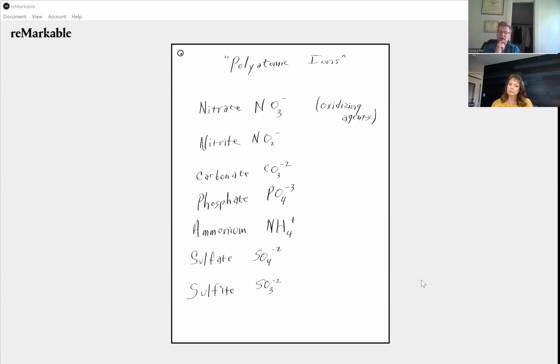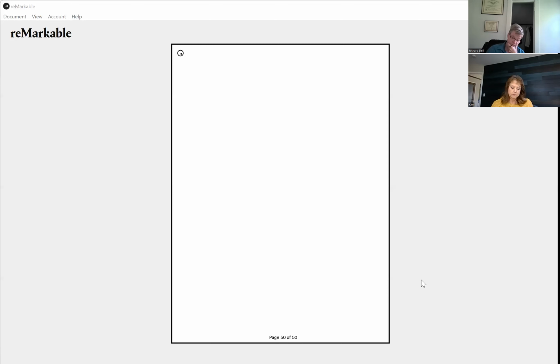You use the name as it is, which is how you can recognize when you have a polyatomic ion. If it's not an IDE ending, it is a polyatomic ion, and you treat them just like any other ion.